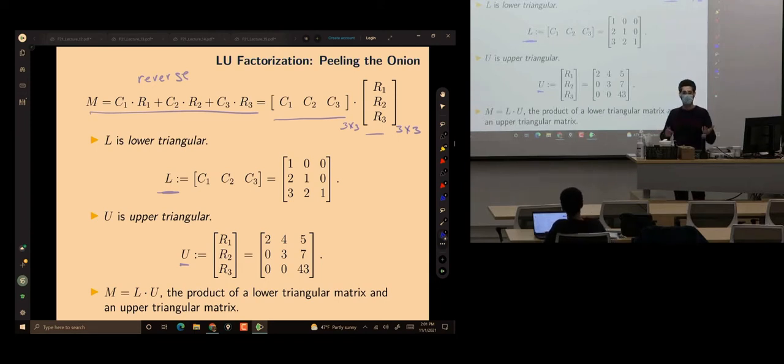We don't leave anything behind. They're all zeroed out, so that this sum here holds in the end. So LU was basically the opposite of this multiplication, which would give us L and U.